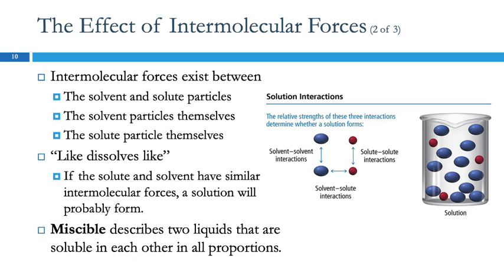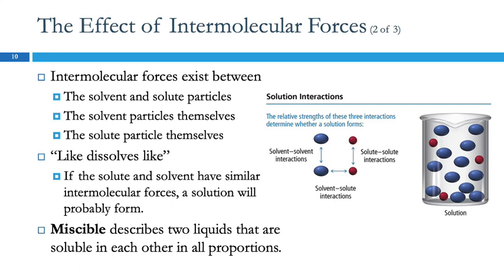So in some ways I think of the types of intermolecular forces as being like what language these different molecules speak. So if the blue ones here were my ancestors who all came from Sweden and spoke Swedish, and the red ones here are my husband's ancestors that all came from Japan and spoke Japanese, would they mix and mingle very well at a party?